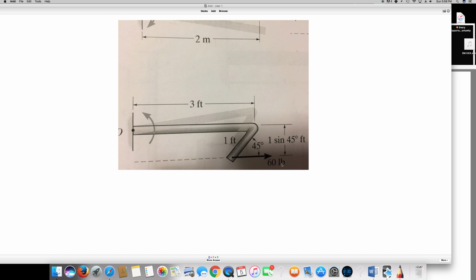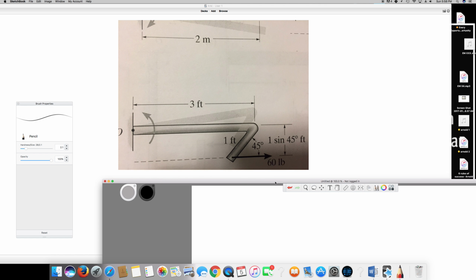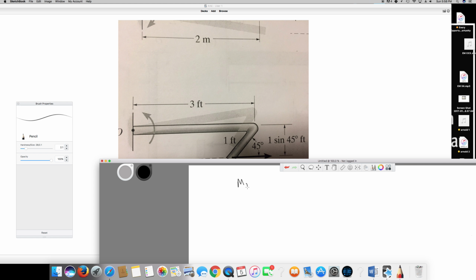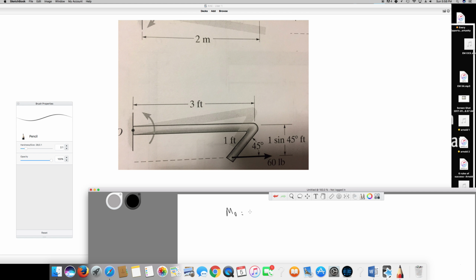It's acting counterclockwise, because if you imagine from the top side, this is going to be turning against the clock side. So to calculate the moment, Mo is going to be equal to positive, we don't have to put any negative sign here, 1 sine 45 degree times 60 lb.